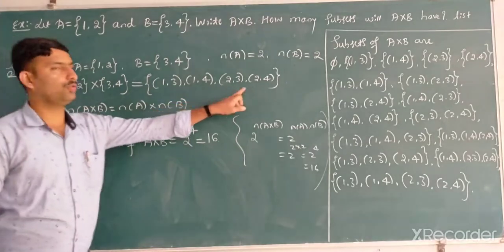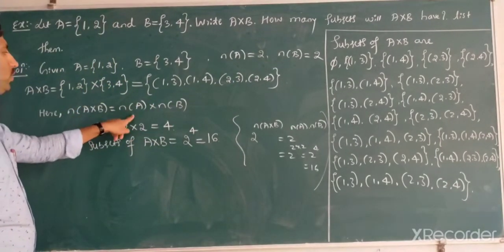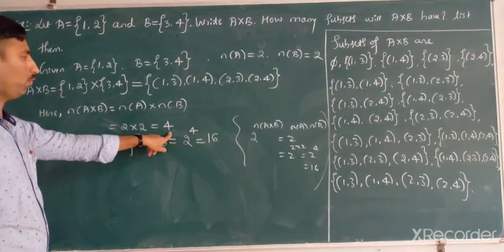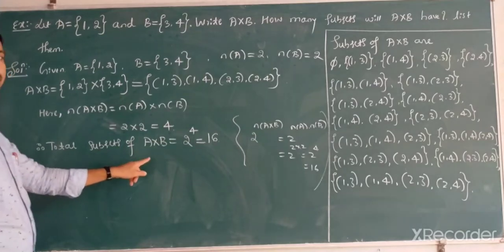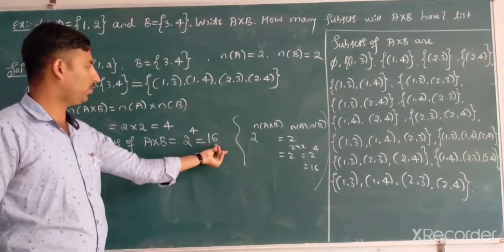Here (1,3), (1,4), (2,3), (2,4), there are 4 elements. Therefore n(A cross B) = n(A) into n(B); n(A) is 2, n(B) is 2, 2 into 2 is 4. Total subsets of A cross B is 2 to the power 4, which is equal to 16.